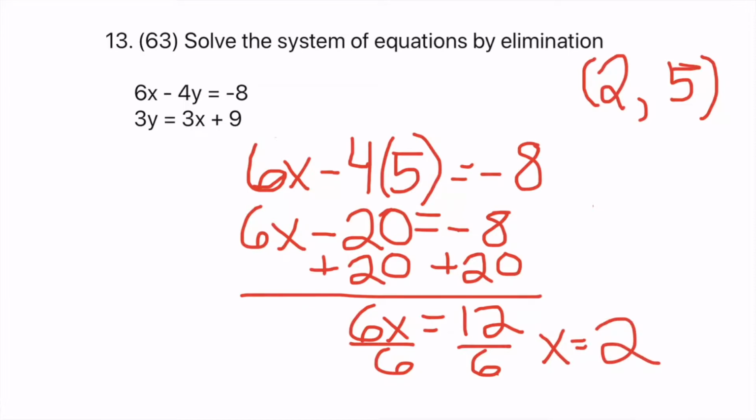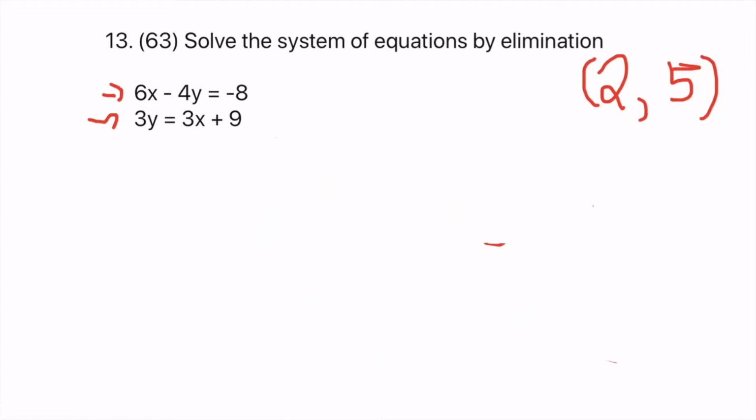And that's your final answer, and you can check this by taking this xy pair and plugging them into both of these equations and making sure that they work. I'll do one as an example. Let's check the first one.